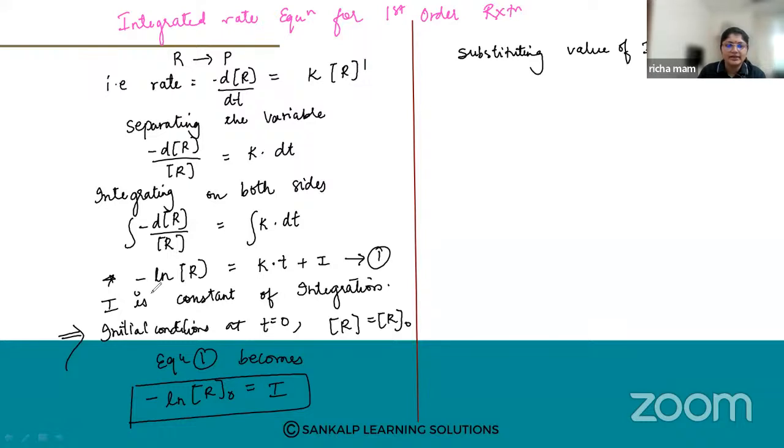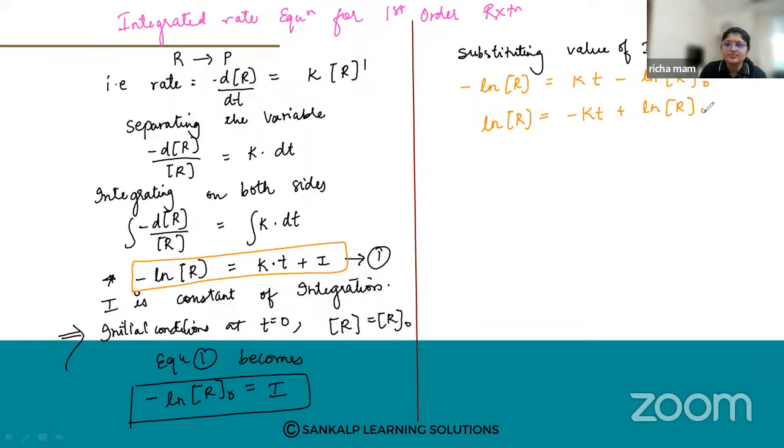I'm going to put the value here: minus ln of r is equal to kt minus ln of r naught. Now take the minus sign outside, so ln of r is equal to minus kt plus ln of r naught.